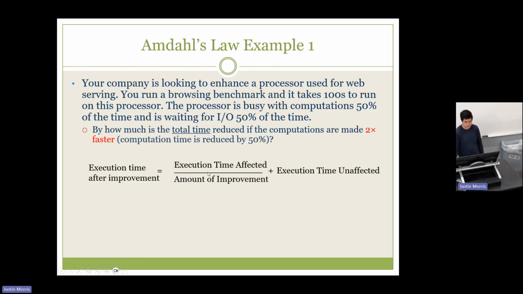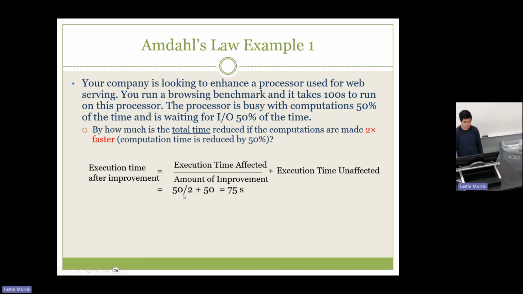So again, here's our equation: execution time affected divided by the amount of improvement, but you have to add back in the execution time that is unaffected. So 50, because it's 100 seconds total. So 50 seconds is compute, 50 seconds input output.